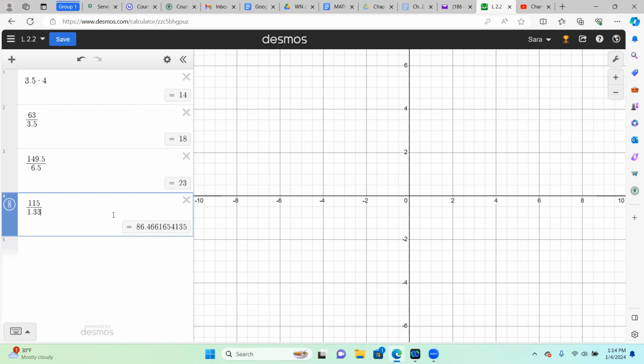So it looks like the publisher sold it to the bookstore for $86.47. Remember that we have to round to the nearest penny, which would be 2 decimal places. And because this second 6 right here is bigger than a 5, we have to round to 47 cents.